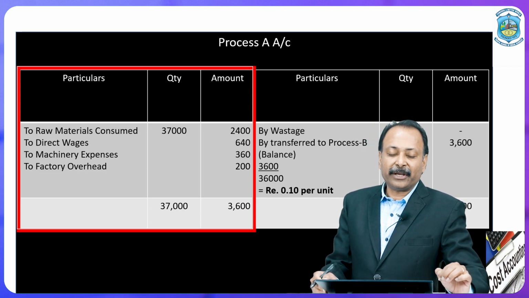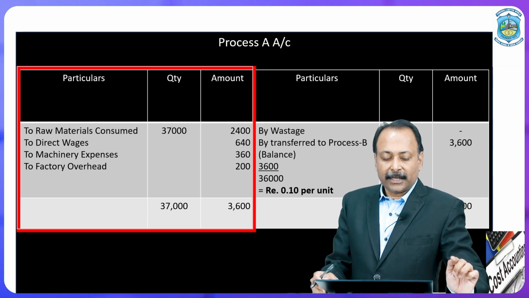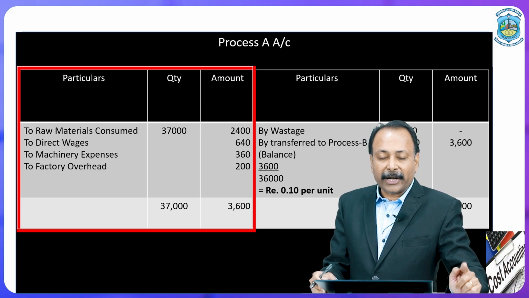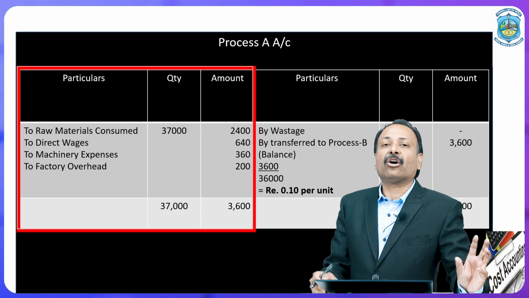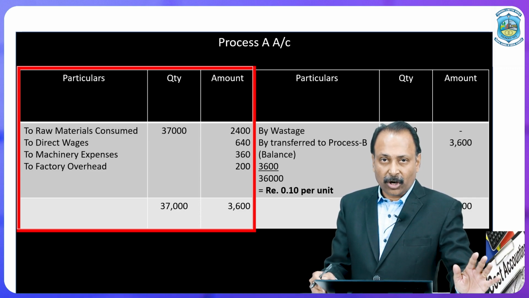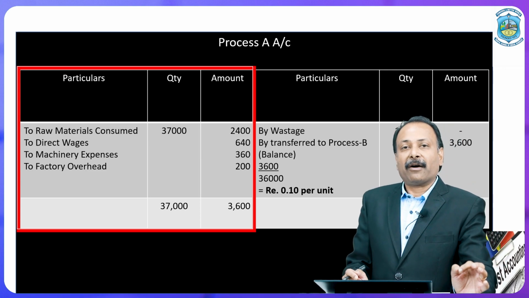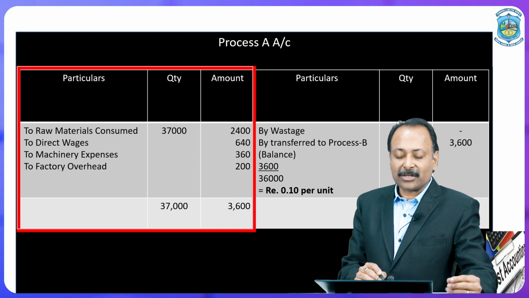After that, we mention direct wages of 640 rupees, machinery expenses of 360 rupees, and factory overhead of 200 rupees. So the total of the debit side of the process A account is 37,000 in quantity and 3600 in rupees.